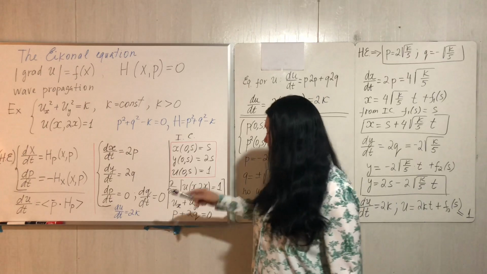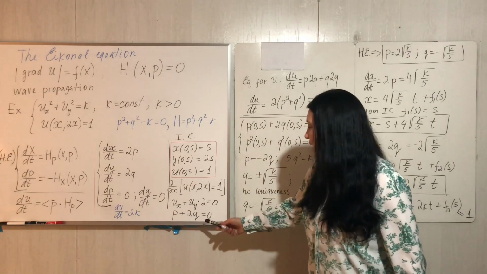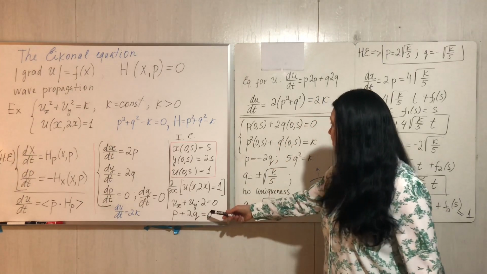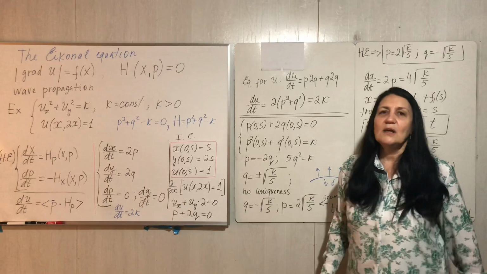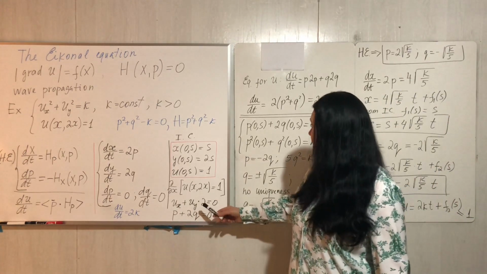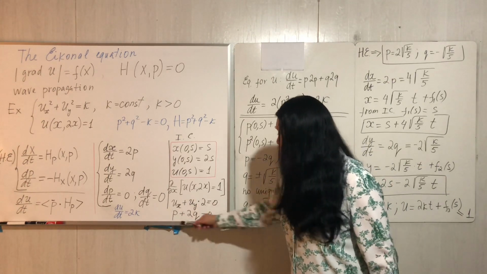So in our notation p, q, u_x, we have p, and here we will have this equation: p plus 2q equals 0. So we are prepared to write down initial conditions for p and q, at least one of them. One of them is ready, right?